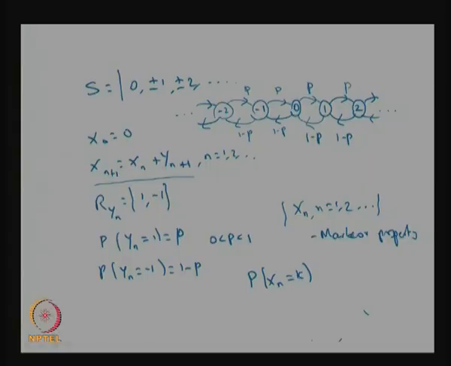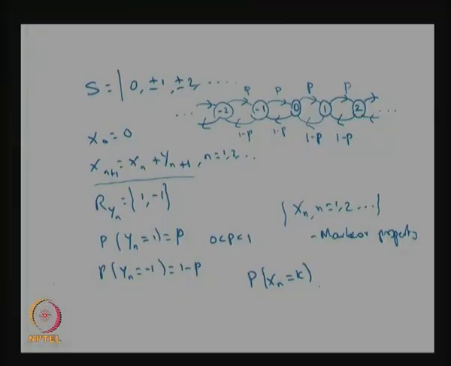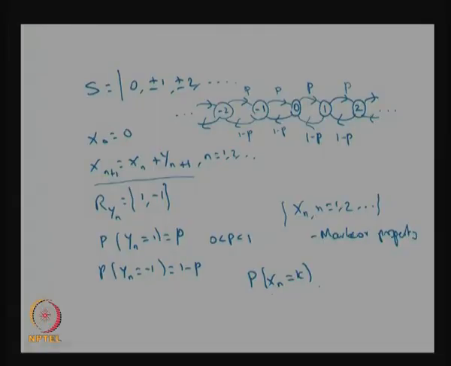Therefore, P is not going to be an easy matrix, it is going to be a matrix with many elements in it. Therefore, finding P square and P power n is a little more complicated than for the usual square matrix. So, hence the conclusion is that by knowing the initial probability vector and the one step transition probability matrix or the state transition diagram, we can get the distribution of x n for any n.